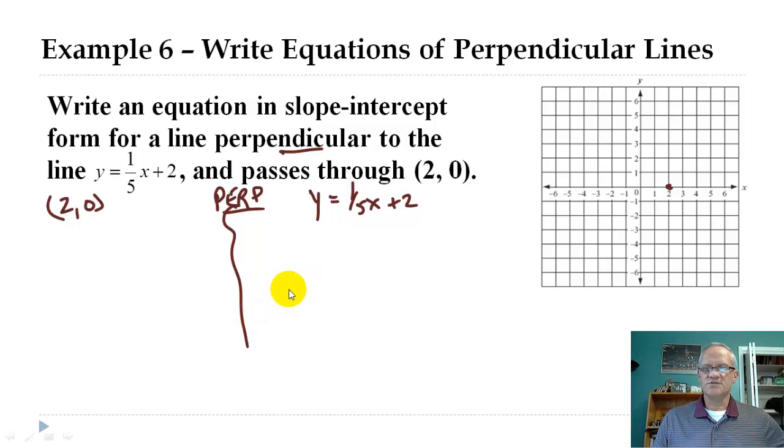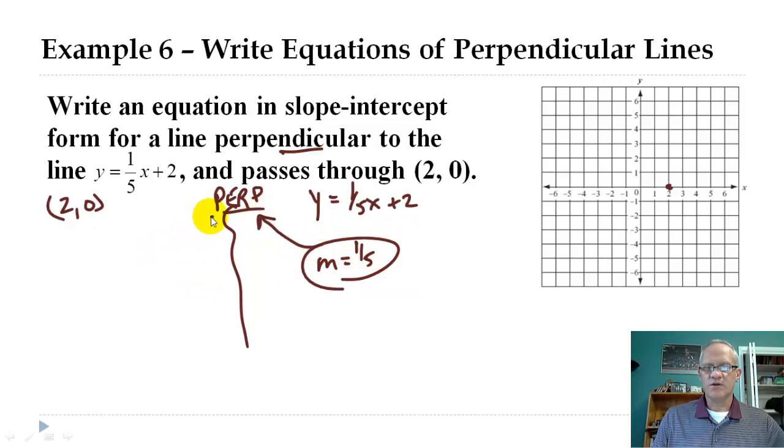All right, well, let's go through the same thing here. So if this line, we want to know what its slope is, and its slope is right here, 1/5. All right, so now I run it through the perpendicular machine, and when it comes out on our side, what happens? It becomes a negative reciprocal, so it's a slope of -5 over 1, or just -5.